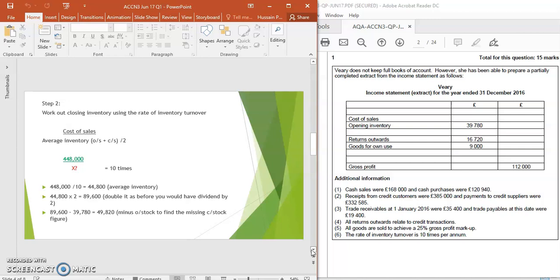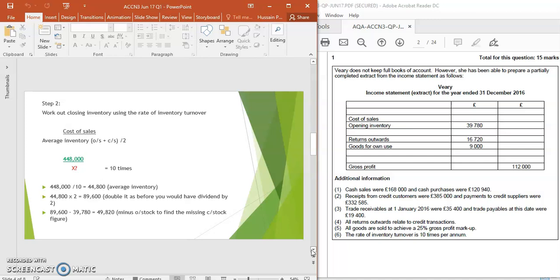So we times the average inventory by 2, and then you take away the opening stock. 44,800 times 2 gives you 89,600.